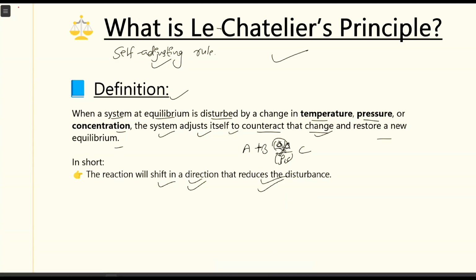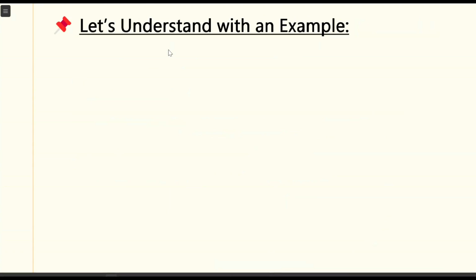Now let's move forward and understand Le-Chatelier's principle with an example. The example is not very hard. We'll take the example of Haber's process, that is N2 plus H2 giving NH3 plus heat. Some heat is released. Nitrogen is a gas, hydrogen is also a gas, ammonia is also a gas.